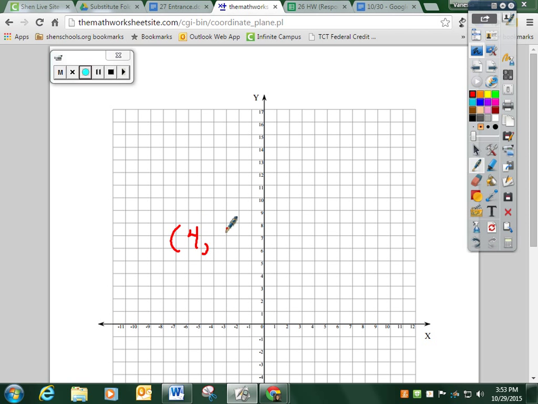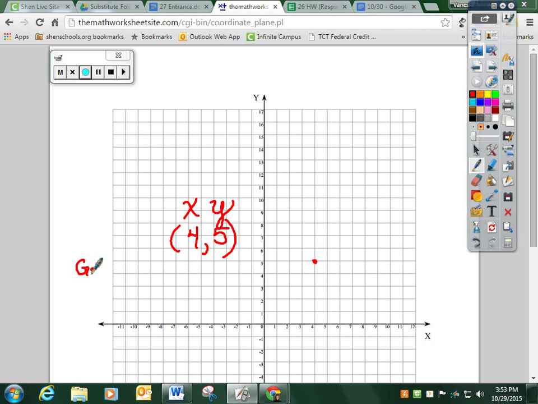If you want to plot the point 4, 5, you have to remember x comes before y in the alphabet. So this is the x-axis. This is the y. You go over to the x number first. 1, 2, 3, 4. And go up to the y-axis second. So here's a brief description.